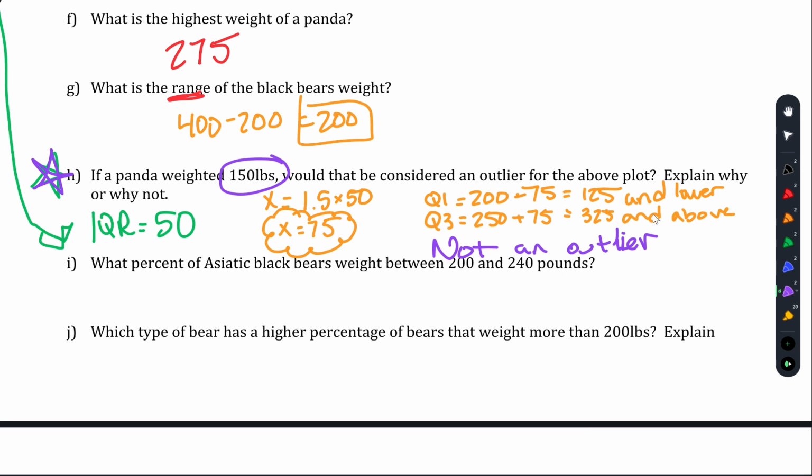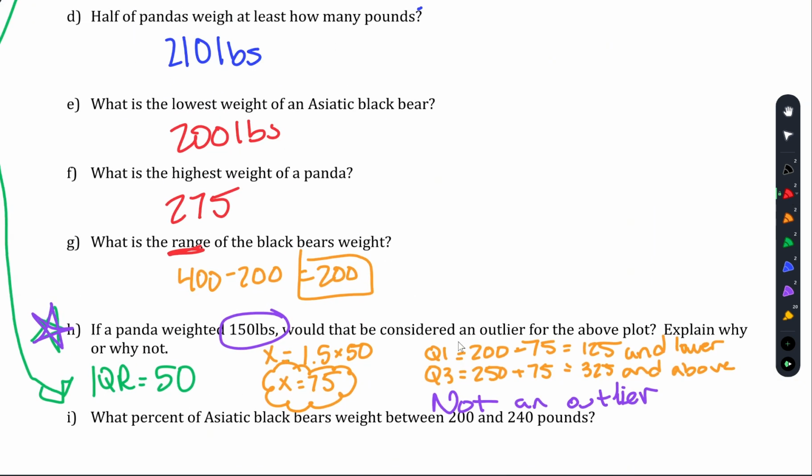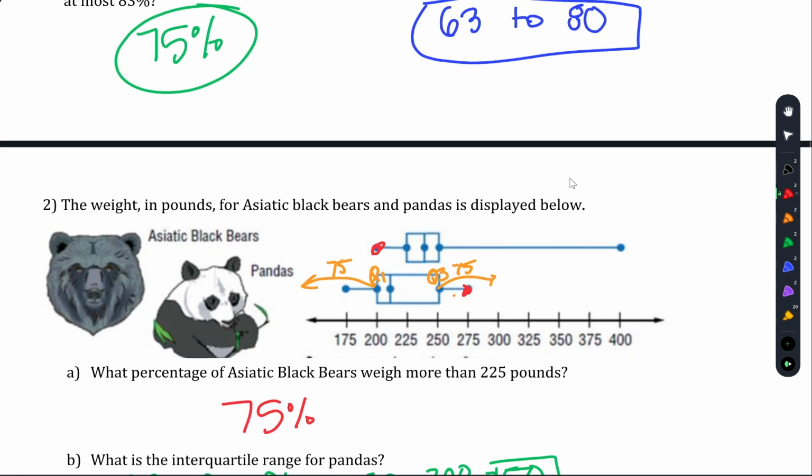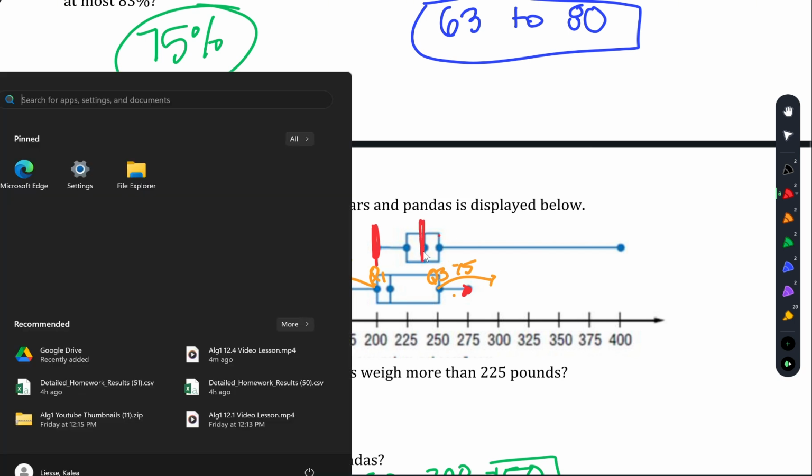What percent of Asiatic black bears weigh between 200 and 250 pounds? Do I need to go back to the graph? Here's 200. Here's 250. Oh, sorry, not 250, 240. Here's 240. What percentage is in between those?